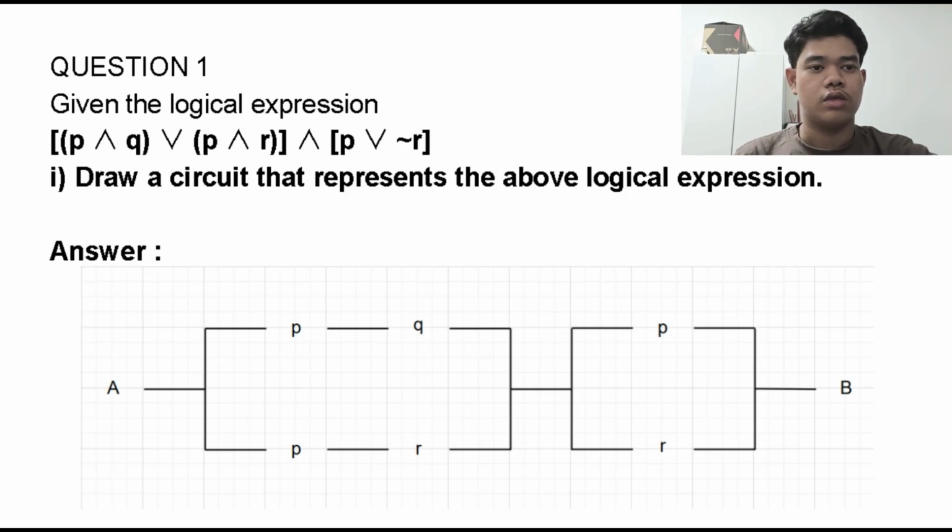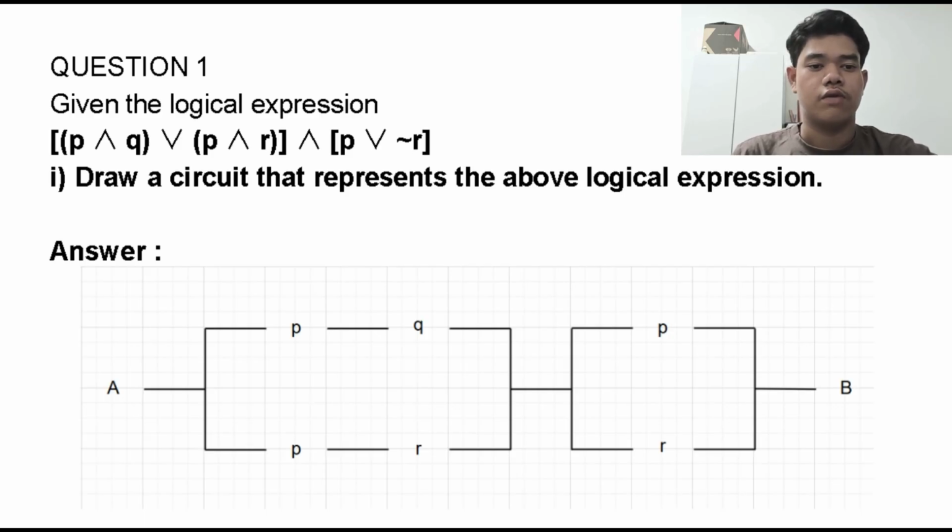We can break the expression starting from after the bracket P and R, and also the bracket P or not R. Next we need to identify which operators are AND and which are OR.